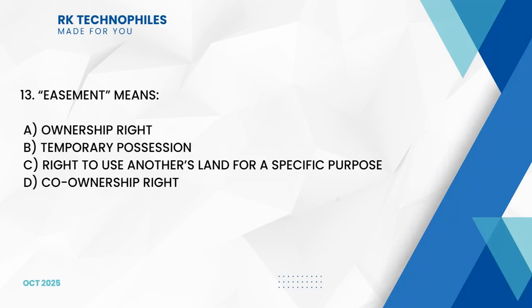Irrelevant. 13.1. Easement means: ownership right, temporary possession, right to use another's land for specific purpose, co-ownership right. Right to use another's land for a specific purpose. Okay? For access, for approach, for anything.